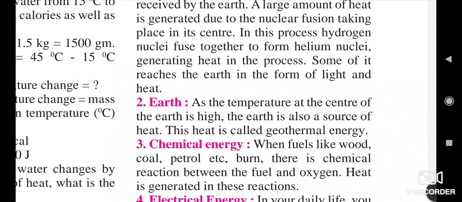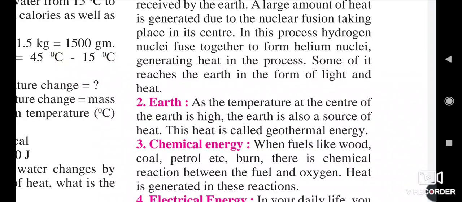This energy is released by the earth in the form of volcanoes. Due to this heat we find hot water at some places, like in Maharashtra we have the hot water wells at Vajreshwari.